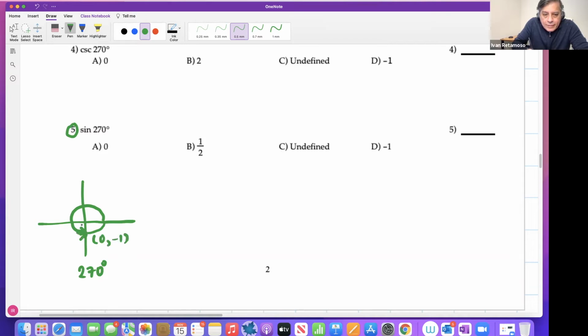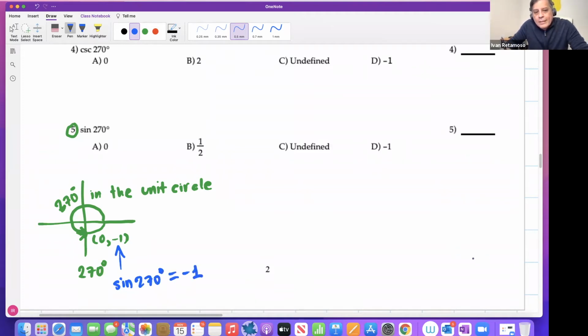This point, 270 degrees in the unit circle. But remember, in the unit circle, the first coordinate is cosine, the second coordinate is sine, right? So I pay attention to the second coordinate, so I can say that sine of 270 degrees will be just minus 1. Follow, guys? Helps, right?